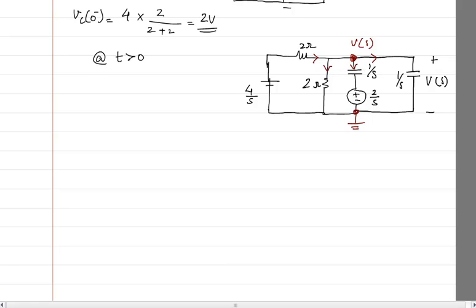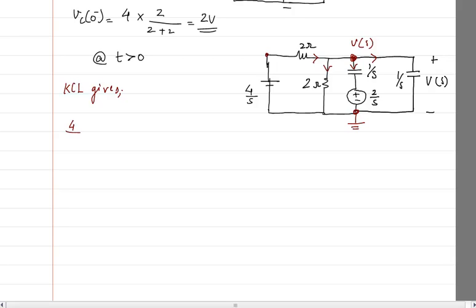So when I say this is the node, it means all of this is the node, and this is going to be plus 4 by S. So KCL gives, first is an incoming current, so it is positive.